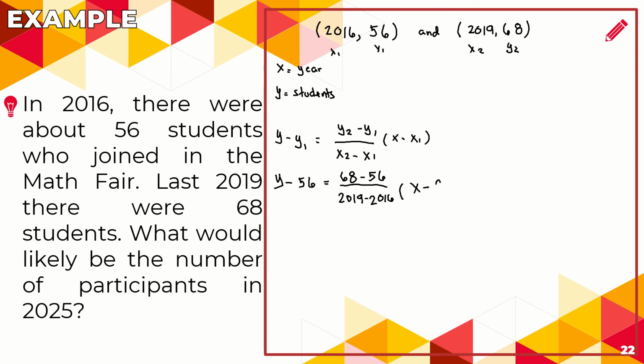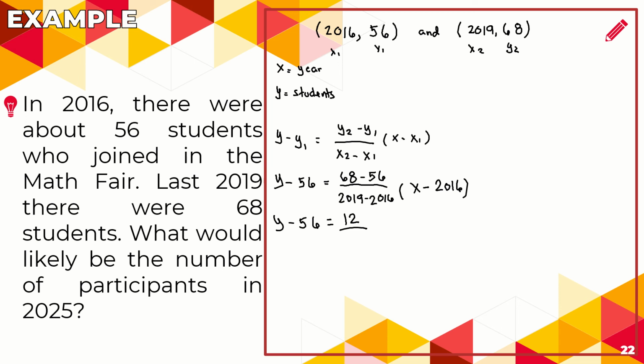Which is 2016. So y minus 56 equals 68 minus 56. What is the answer? Correct. It is 12 over 2019 minus 2016.